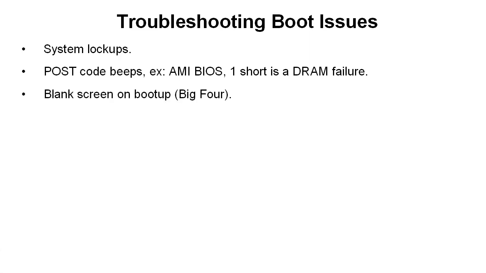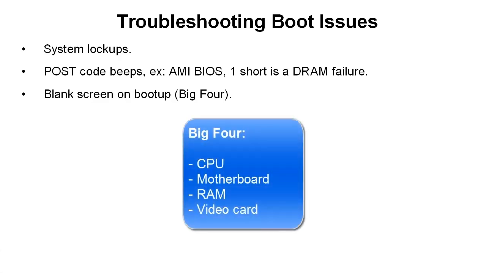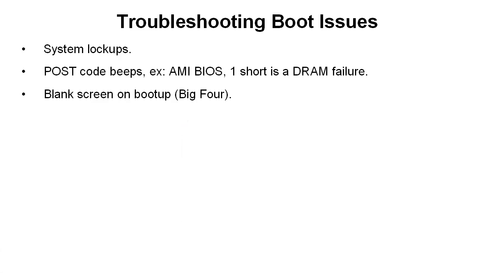Next one is a blank screen on boot up, and in parentheses, the big 4. You always want to check the big 4 if you don't see anything on the screen. And the big 4 are the CPU, the motherboard, the RAM, and the video card, and the video in general. If you don't see anything on the screen, make sure that the computer's turned on, make sure that the monitor's turned on and plugged in, make sure that everything is connected properly.